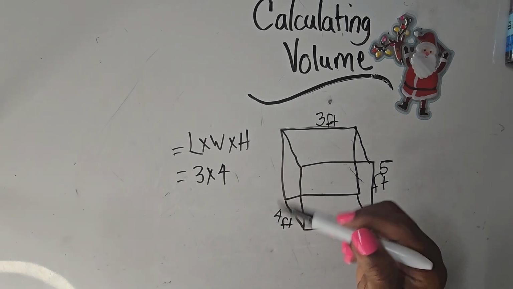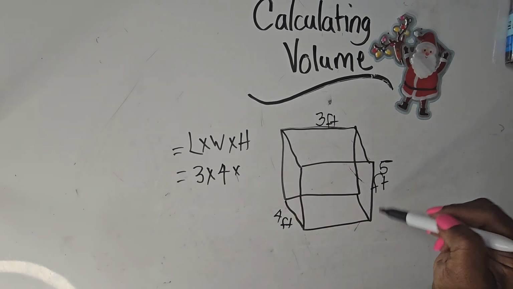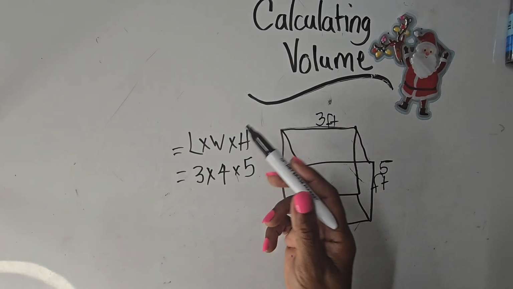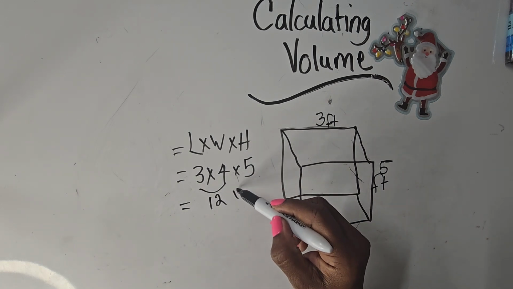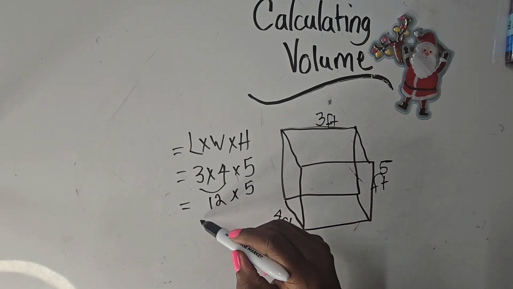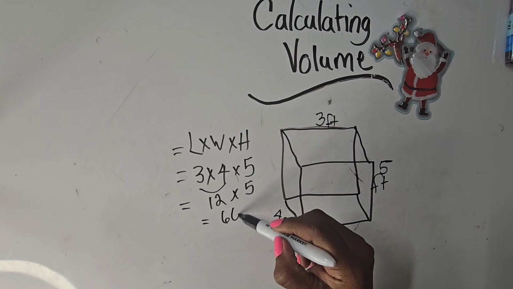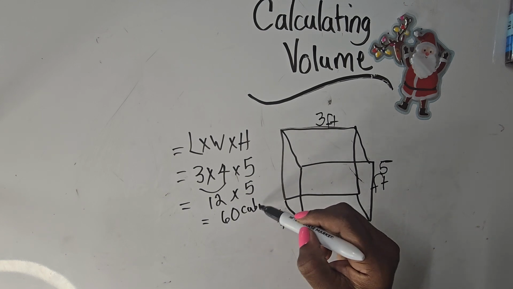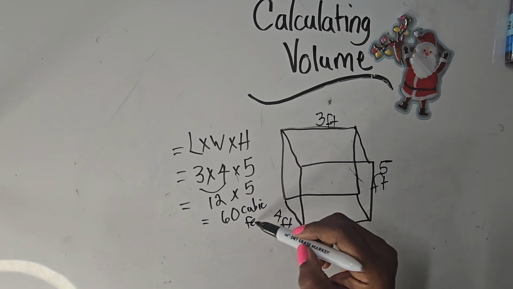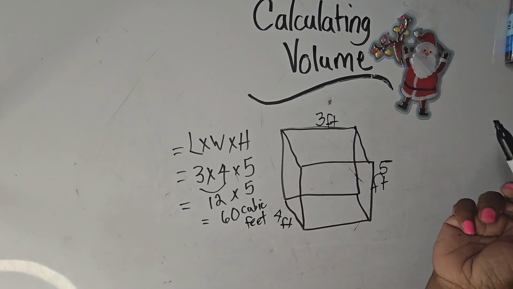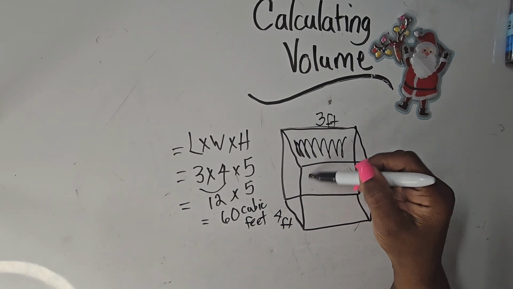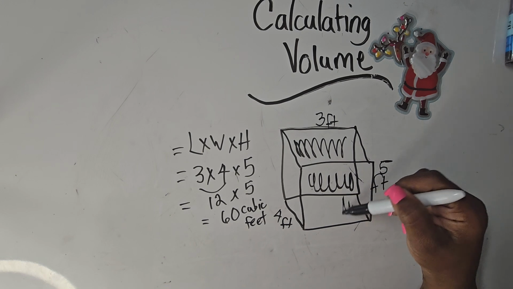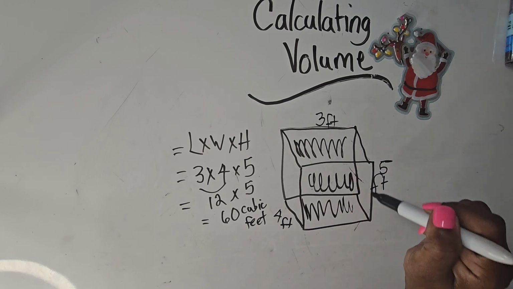That's how wide it is. And how tall it is, 5. You do the math. 3 times 4 is 12. 12 times 5 equals 60 cubic feet. That is the volume, the space that's filled up inside the whole thing.